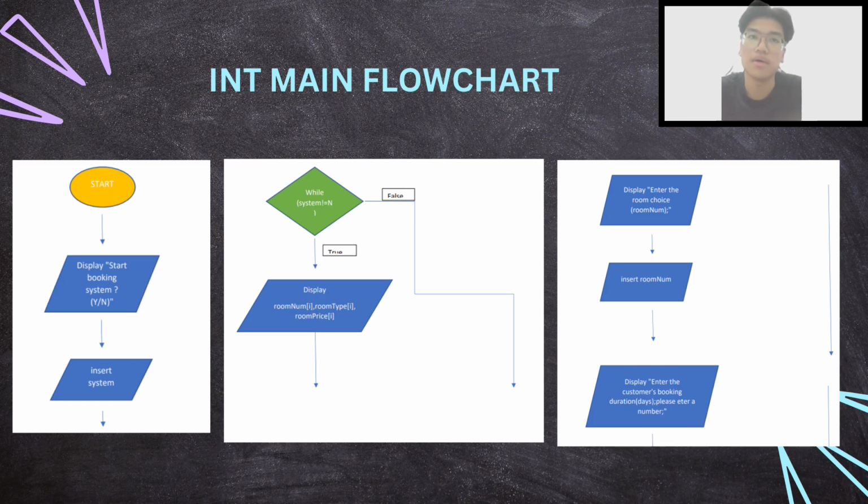Okay, so for the HTML flow chart, first of all, we start. After we start, we display start booking system, yes or no, and we insert system, and while system is not equal to n, if true, we will run, and the program will display room number, room type, and room price.